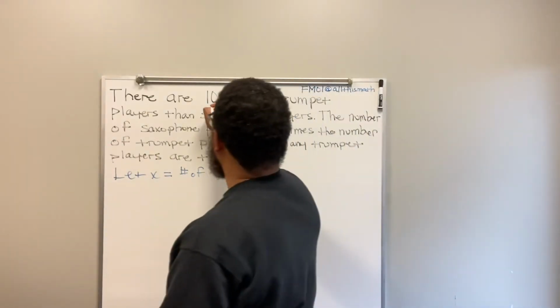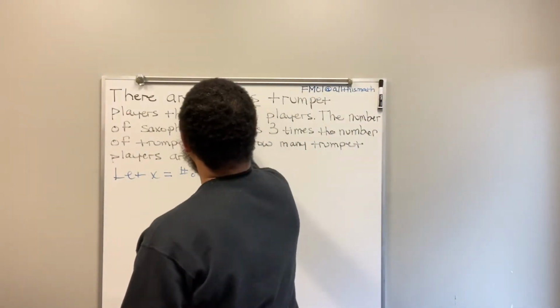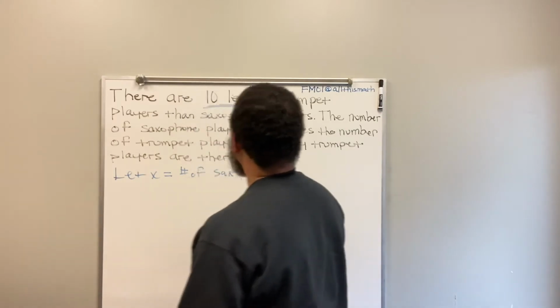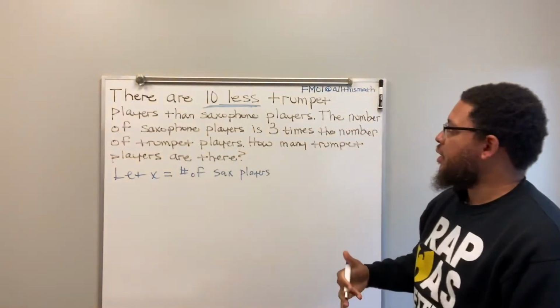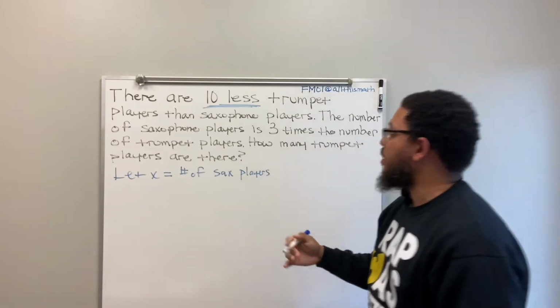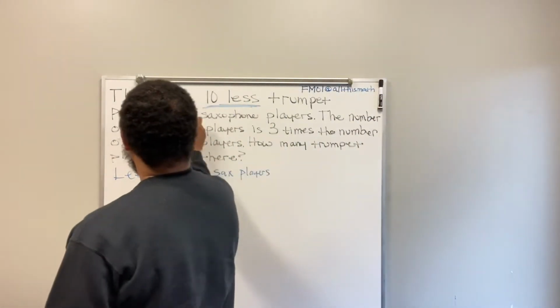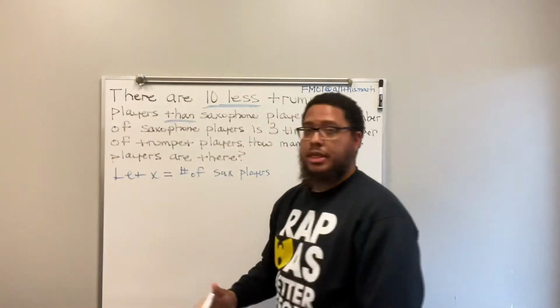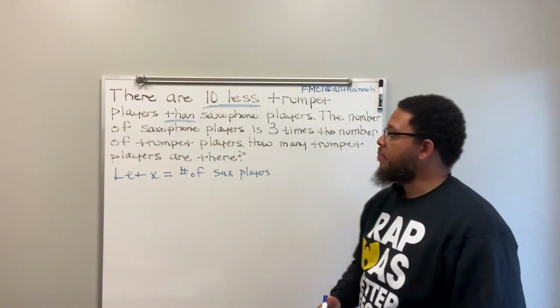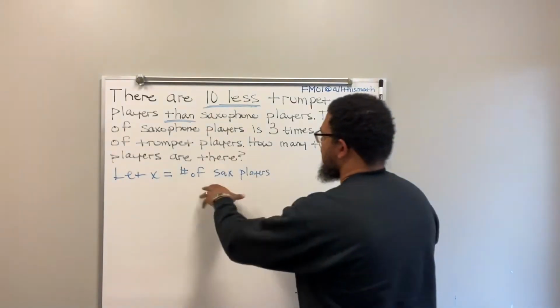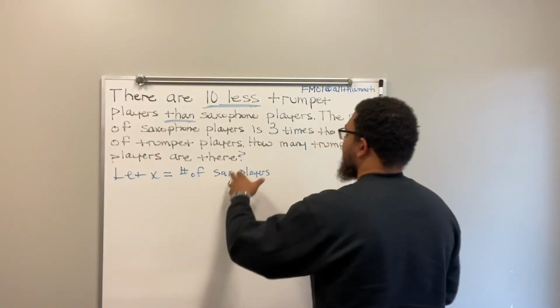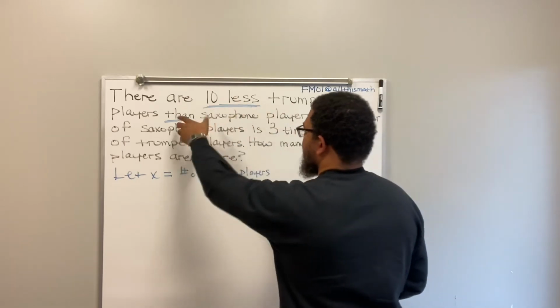Now it says that there are 10 less trumpet players, 10 less than, right? So we got to know how to translate that. Basically what we're saying is however many saxophone players there are, the number of trumpet players is 10 less.